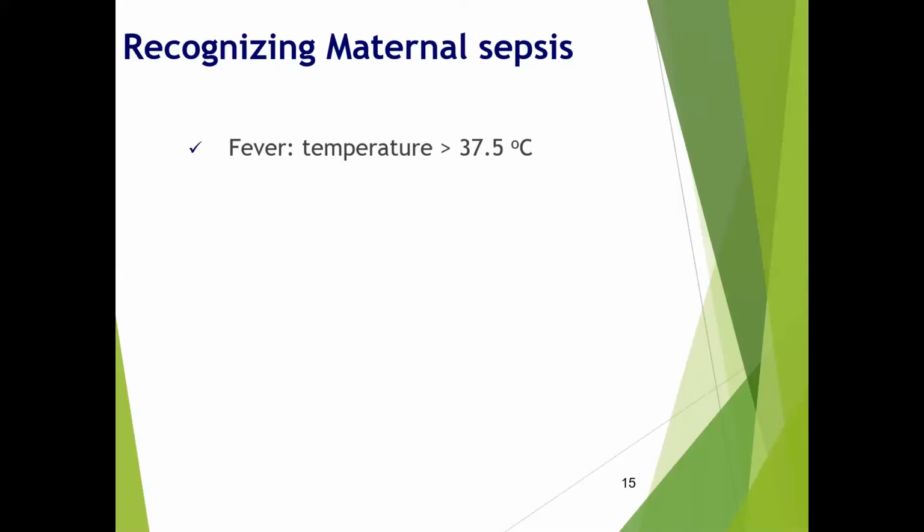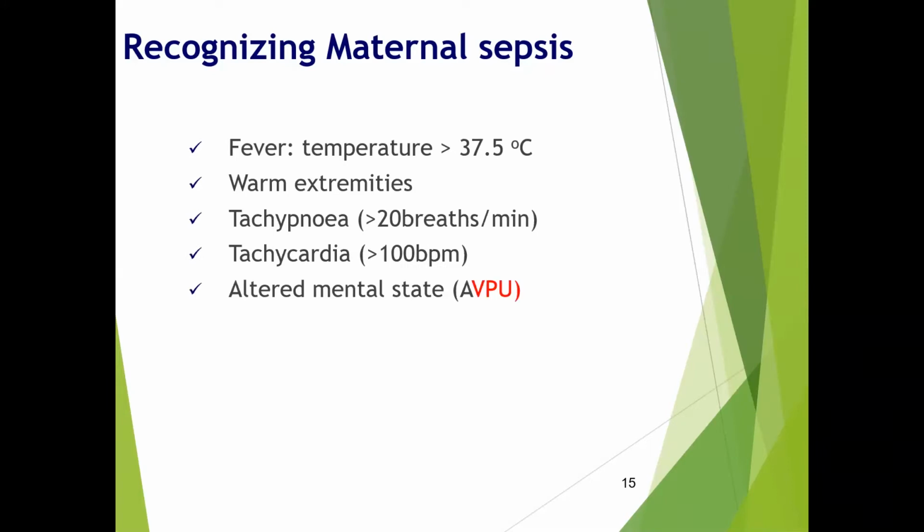Fever, these are the clinical signs that we all know. Fever, hot extremities, tachypnea, tachycardia, altered mental state, and we usually use a short AVPU because if you have to take a full GCS and assess it in a patient who's unstable, you know how time consuming that can be.